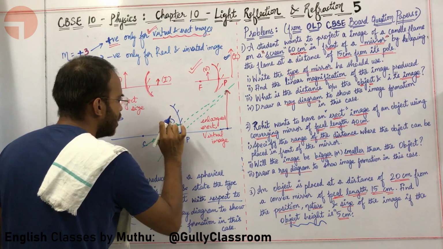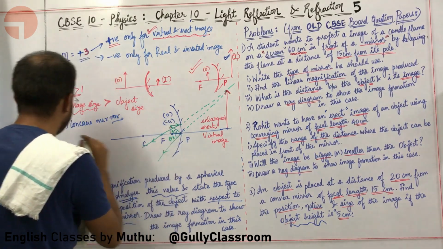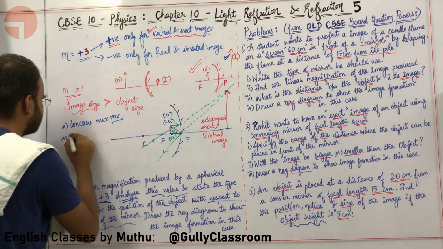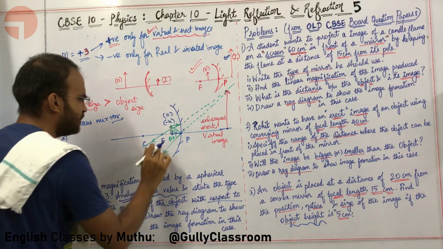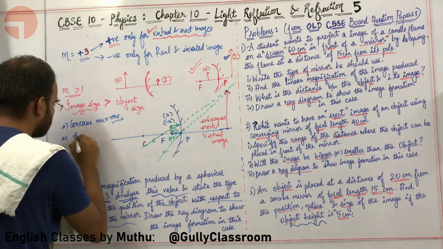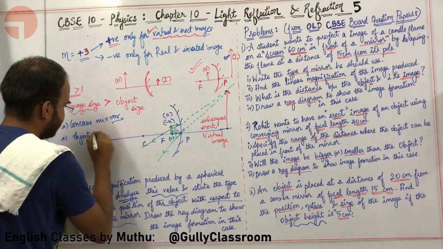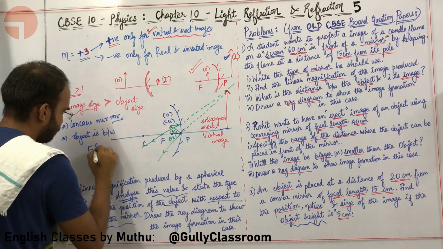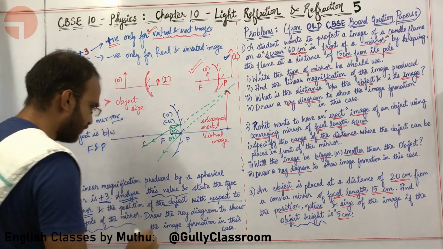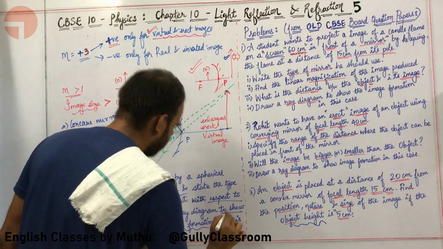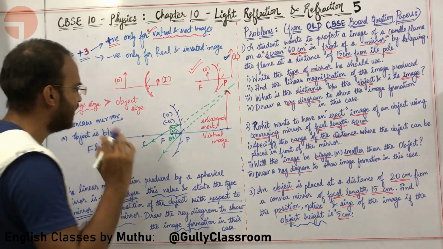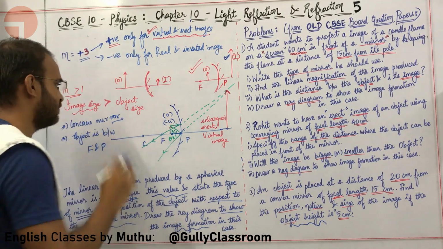The object is placed right in front of the mirror in between F, principal focus, and P, pole of the mirror. Draw the ray diagram to show the image formation. So this is basically the ray diagram to show the image formation.